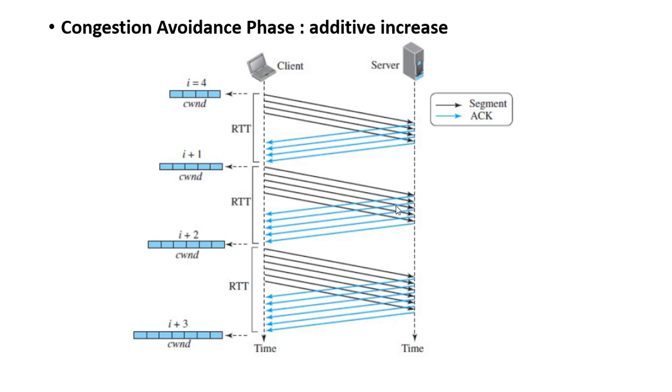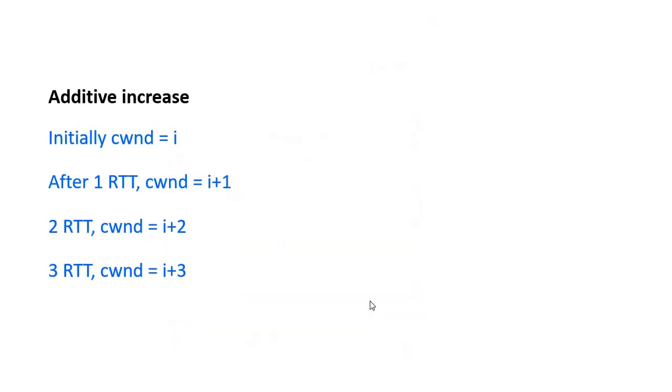Again 5 data packets can be sent and we get the acknowledgement. Thereafter we again add 1. Likewise we keep on, that is additive increasing, so that we can send more data frames throughout. Initially the congestion window value will be i, after one round trip time it will be i plus 1, the second time i plus 2, and the third time i plus 3.